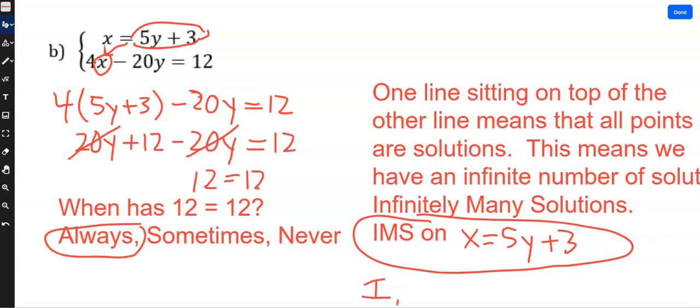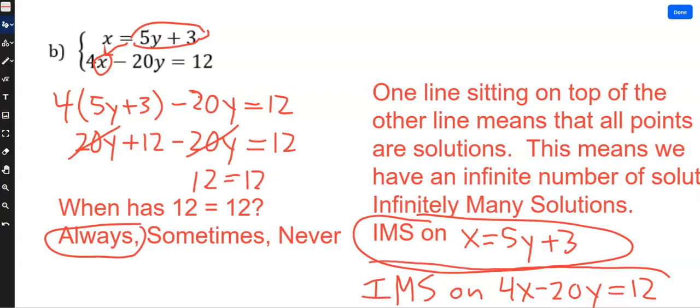If you said infinitely many solutions on 4x minus 20y equals 12, that would be a good answer. But you can't just randomly say IMS and then you're done. You need to name the line. So, if you want full credit, you better be naming the line. Thank you. All right, let's go to the next example.